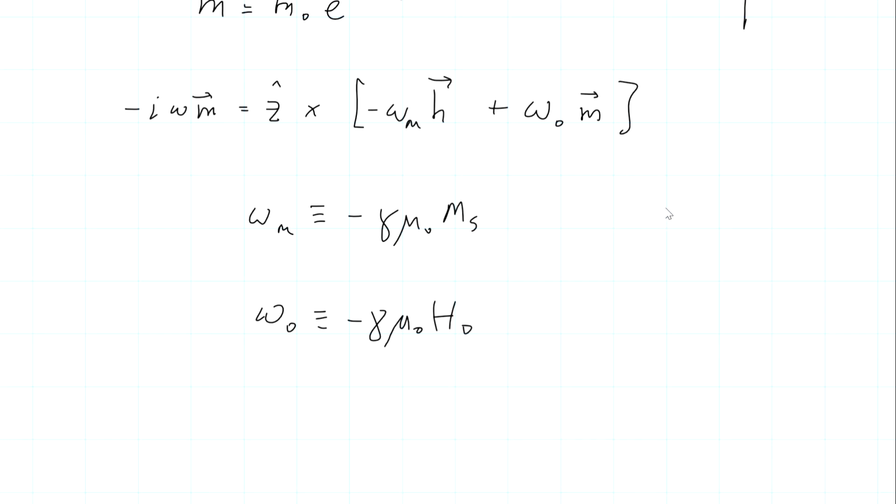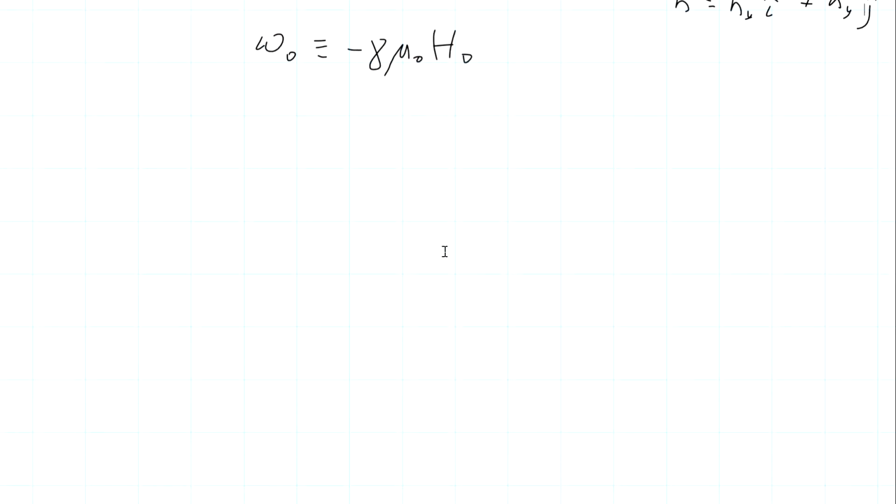So we say that M is our mx i plus my j, and H would be hx i plus hy j. J roof, i roof are the unit vectors. It's like i, j, k. Then this equation can be written in a different form.